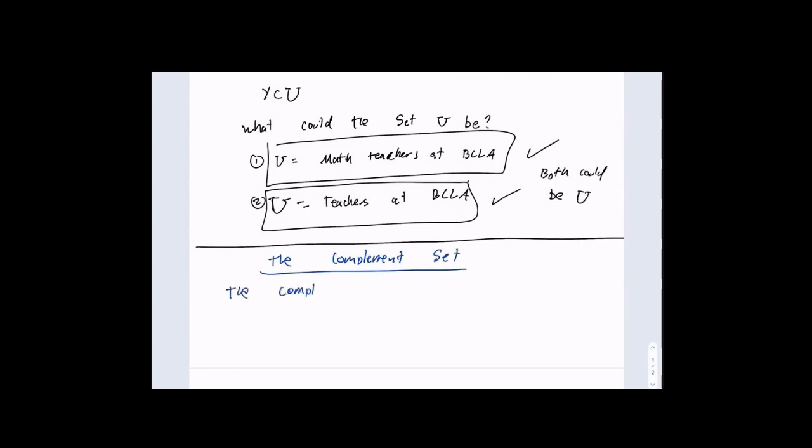The complement set is the set that includes all elements not in the specified set.